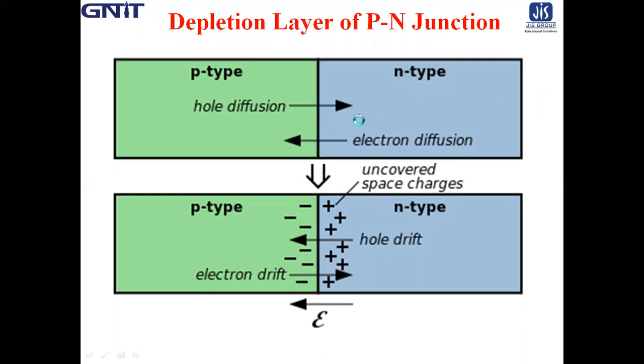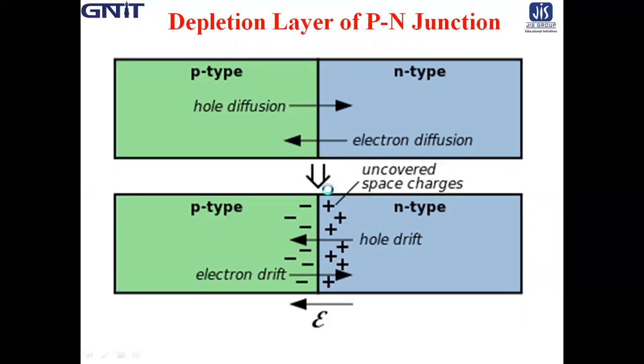Then what happens? Electrons diffuse from the n region to the p region, while holes diffuse in the opposite direction, that is from p-type to n-type. Now diffusion causes electrons and holes to cross the junction in opposite directions and thus recombine with each other and disappear in this process.